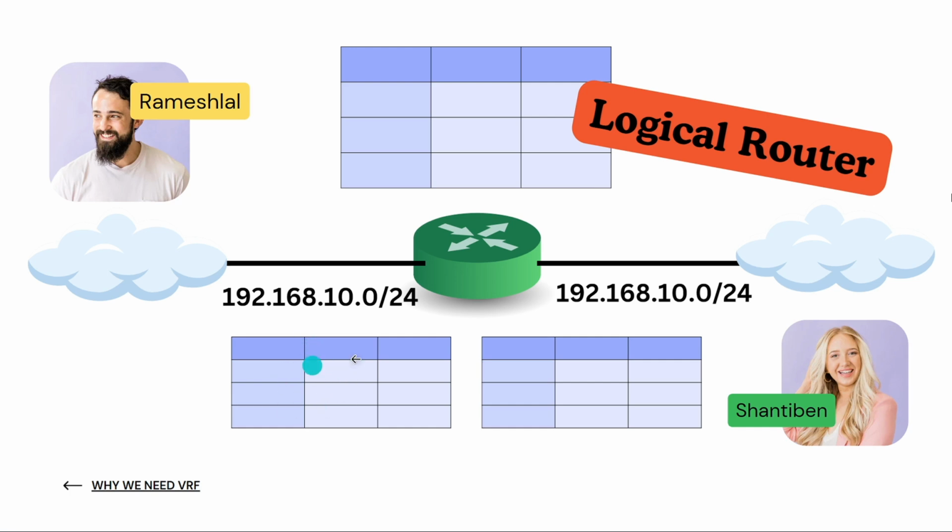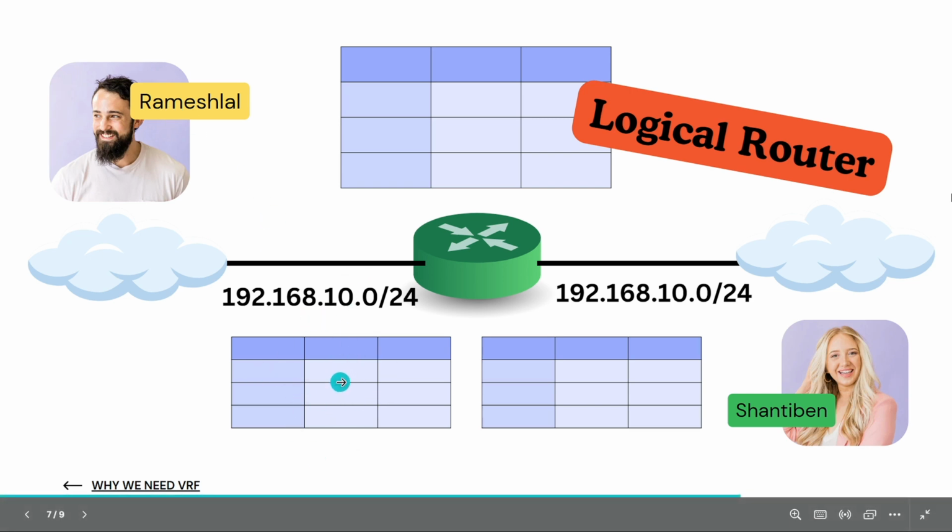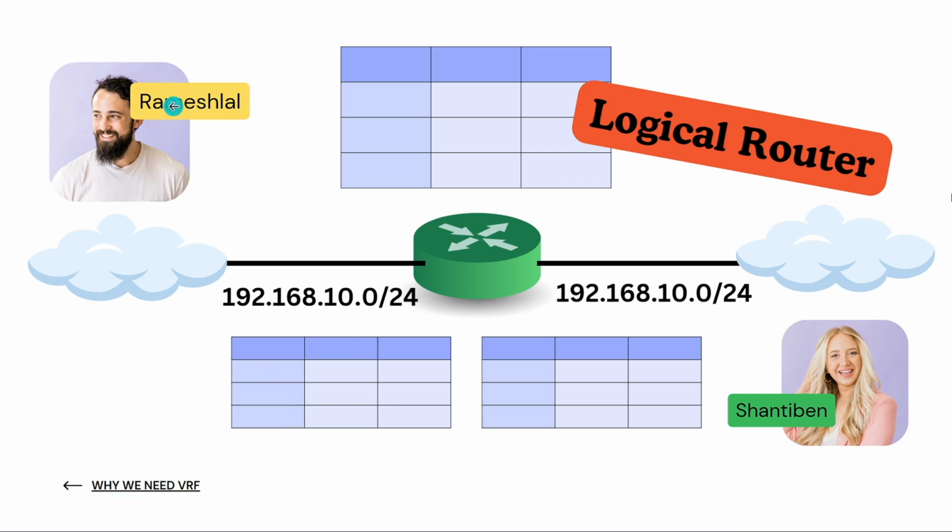This routing table will only have entries for the ports which are in Ramesh Lal's VRF, virtual routing and forwarding. And this routing table will be designated for Shanti Ben's VRF.